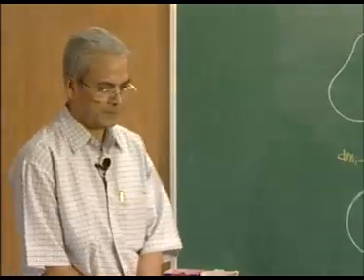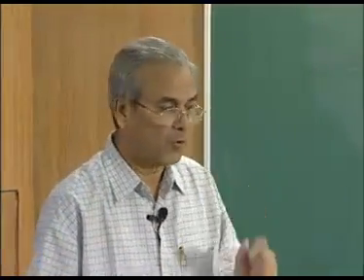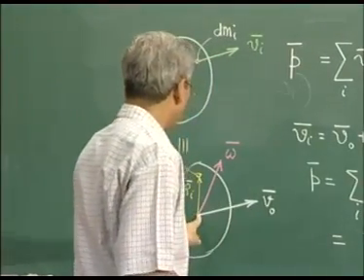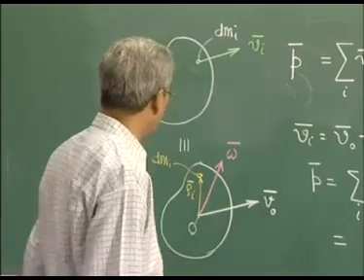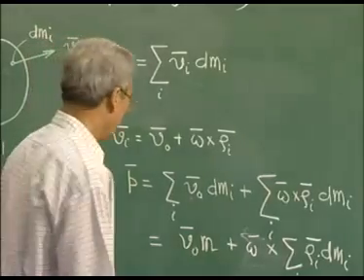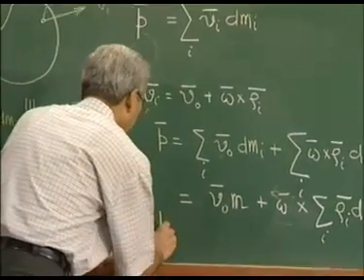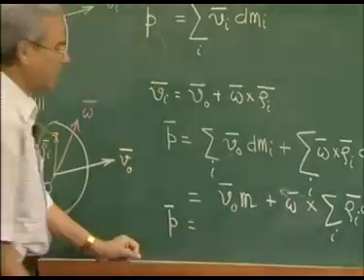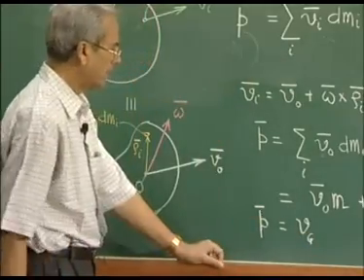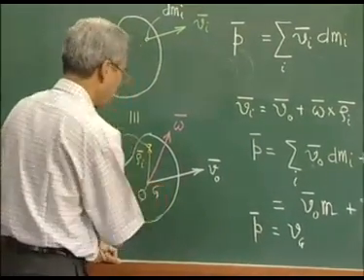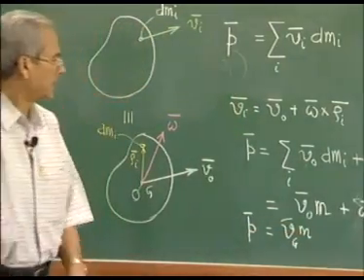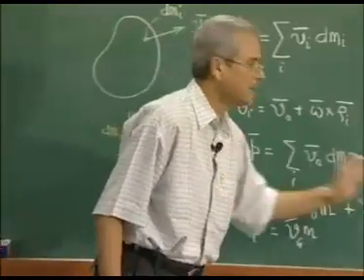Now, if this particular point O we have chosen happens to be the center of mass, then by definition of center of mass this term is 0, and therefore, the linear momentum of a rigid body is the velocity of this point, which is now the center of mass G rather than being any point, into m, and this part is 0.